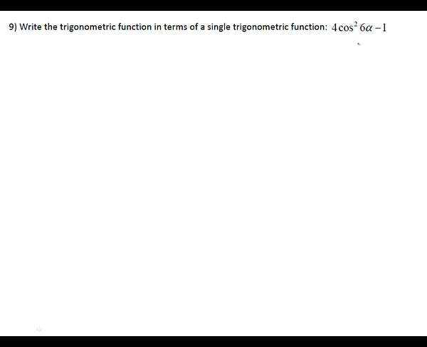I think we're going to have to use a power reducing on this. So let's go for the power reducing. I'm going to rewrite this as 4, just to isolate it a little bit, minus 1.